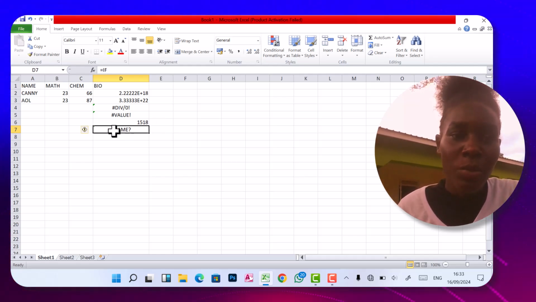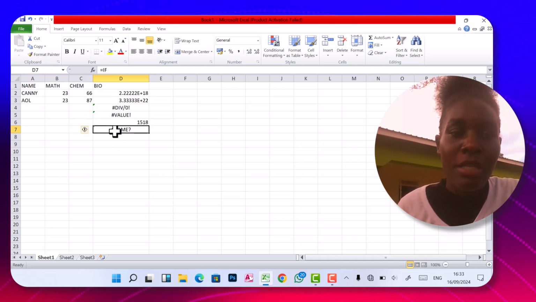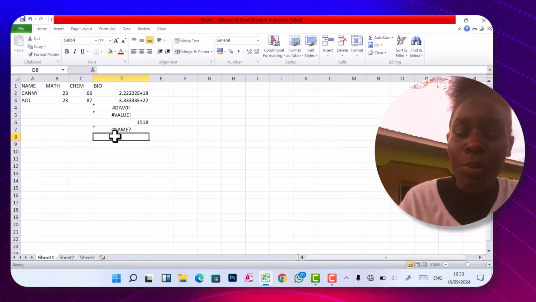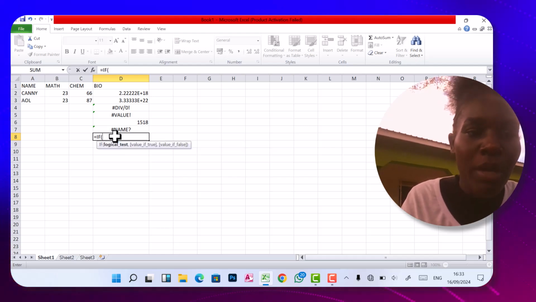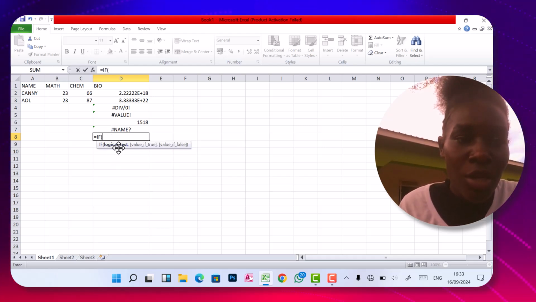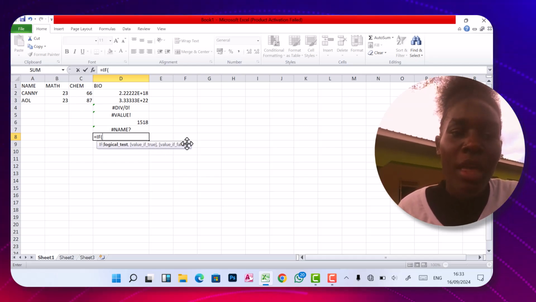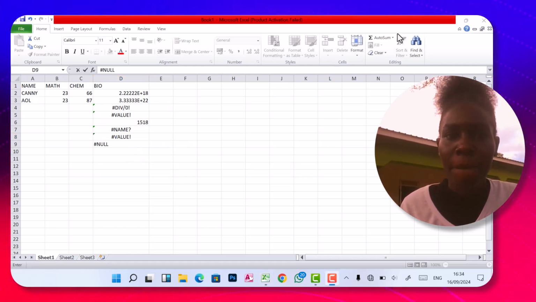Meaning that what I've placed here as my formula is incorrect. So to rectify it, you are supposed to put the if function, you open it, then here it's showing the logical test. Maybe if it was this, then you enter the true value, and then the false value, then you enter. So that is also another error.